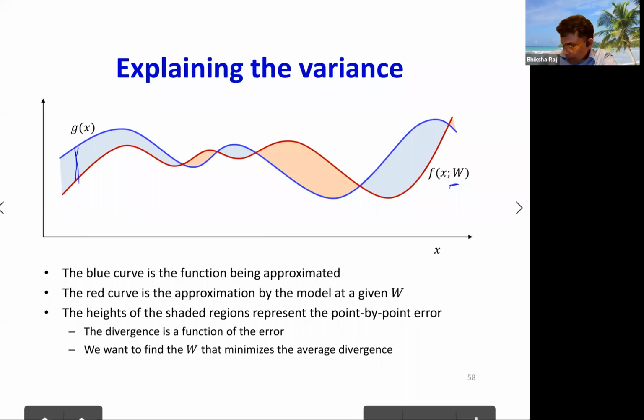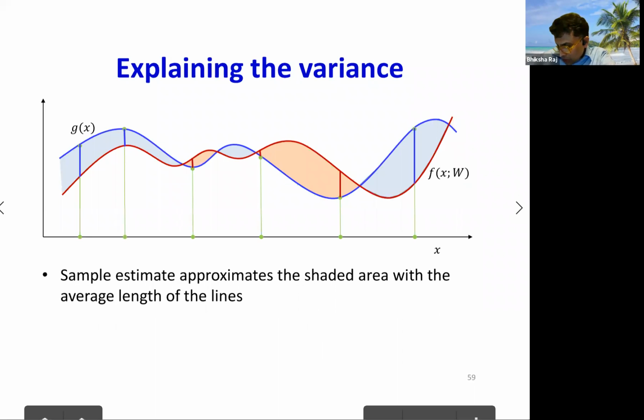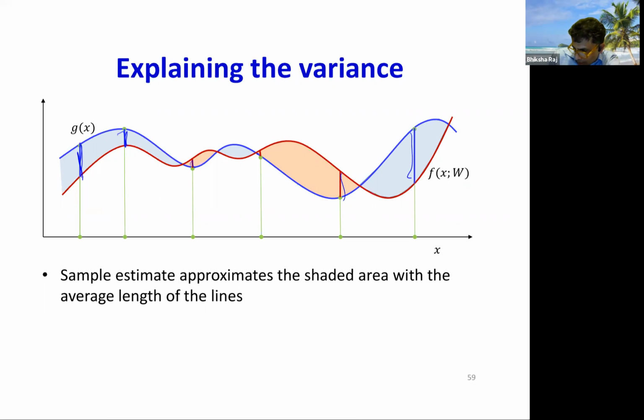Okay, so except we cannot compute this shaded area because we don't have the function everywhere. Instead, we approximate this shaded area as the sum of the average of the divergences at a small number of training instances. So we are approximating the shaded area as the average of these lengths, right?